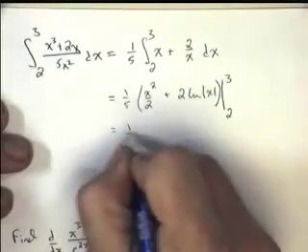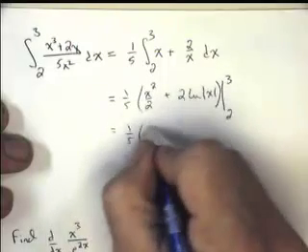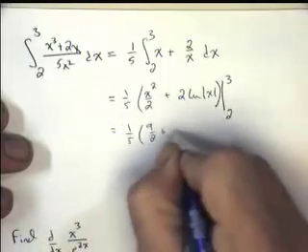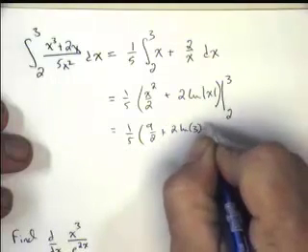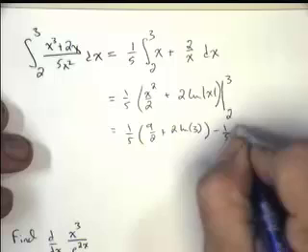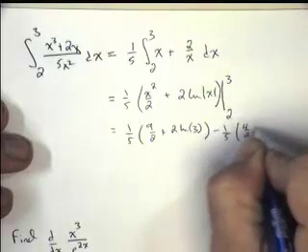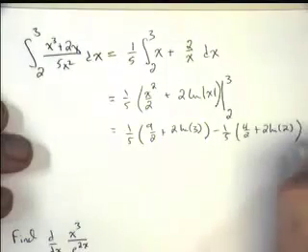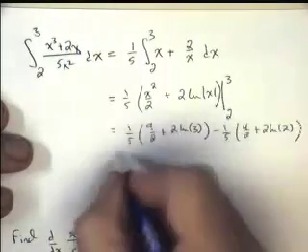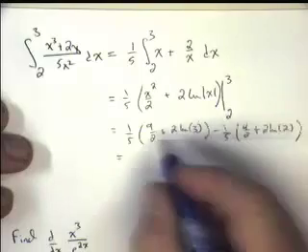So this is 1/5 of 9/2 plus 2 natural log 3, minus 1/5 of 4/2 plus 2 natural log of 2. Evaluating at 3 and evaluating at 2. When we simplify this down, what do we get?